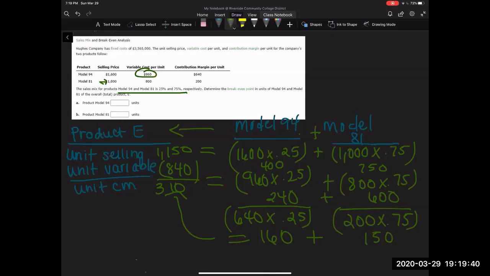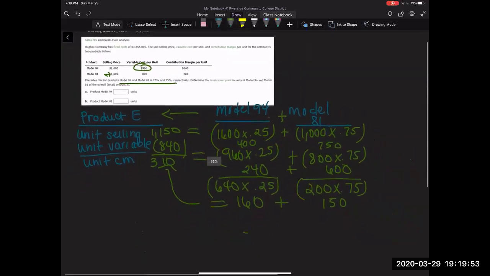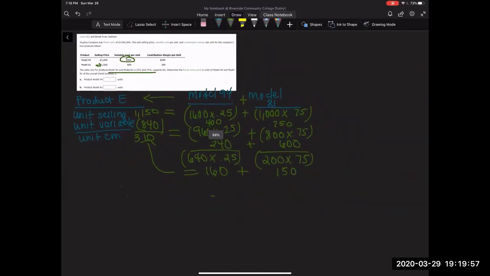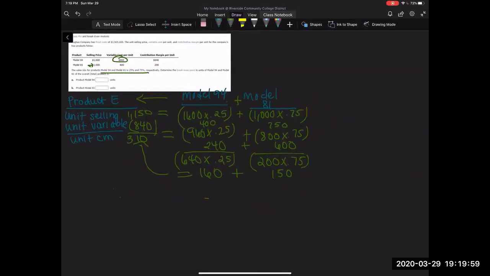Now we're going to come up with our formula for break even in terms of units for product E. Let's not forget the formula: our fixed cost divided by our unit contribution margin.